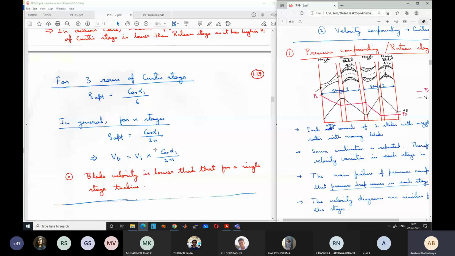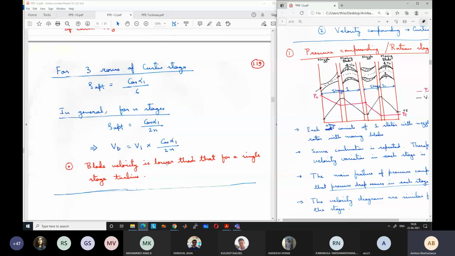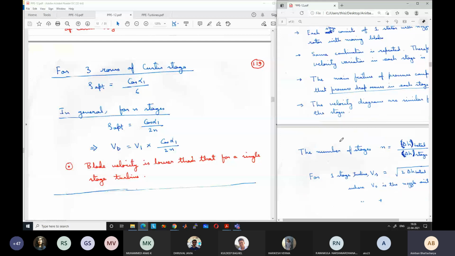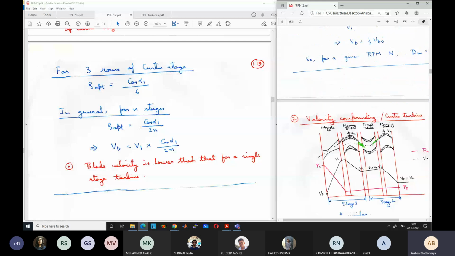So that is where the Curtis turbine also becomes feasible. It is not as ridiculous as it sounds. Although we have very large velocity, we are just dividing the kinetic energy into multiple stages, and the blade velocity is still lower, because optimum blade velocity ratio is different in this case. So we will stop here today.